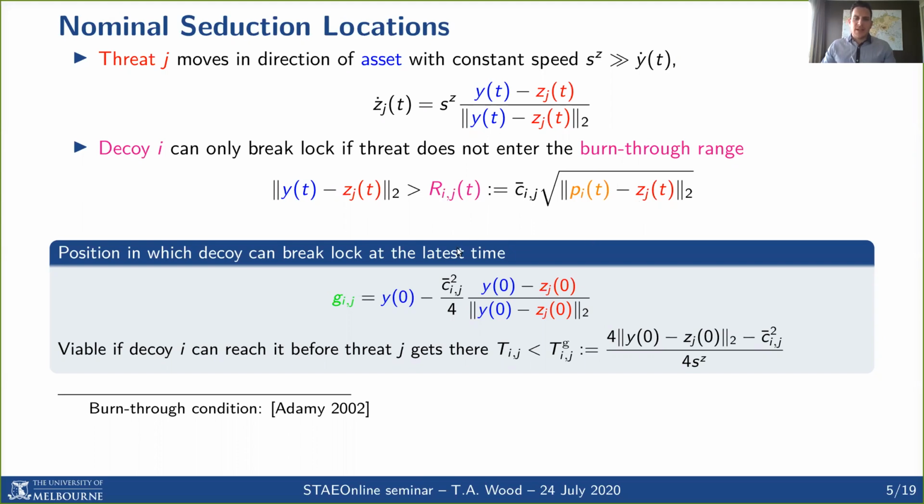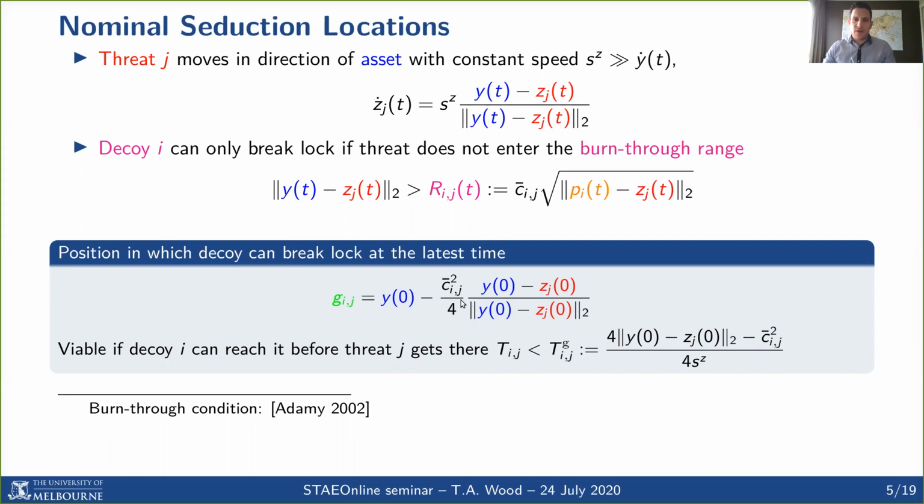And actually we can, with the assumption that the threat is traveling in a straight line, pick a point on the line between the threat and the asset as the destination we want to send the decoy. And we can solve, this is a quadratic function of these distances.